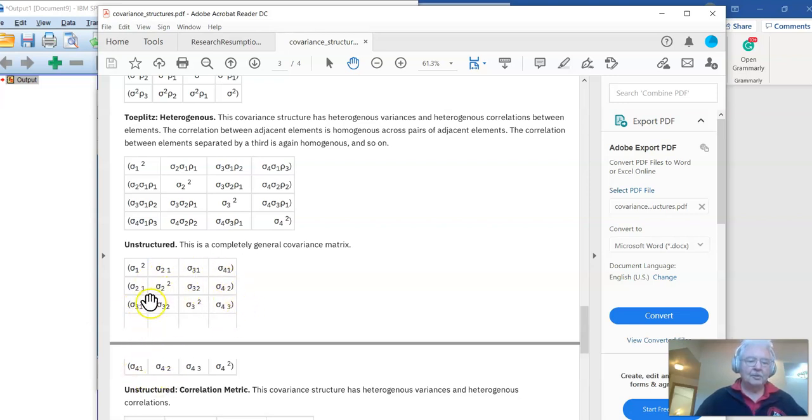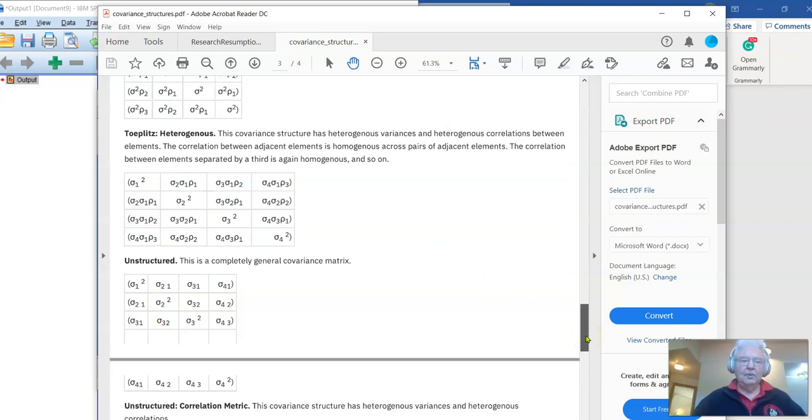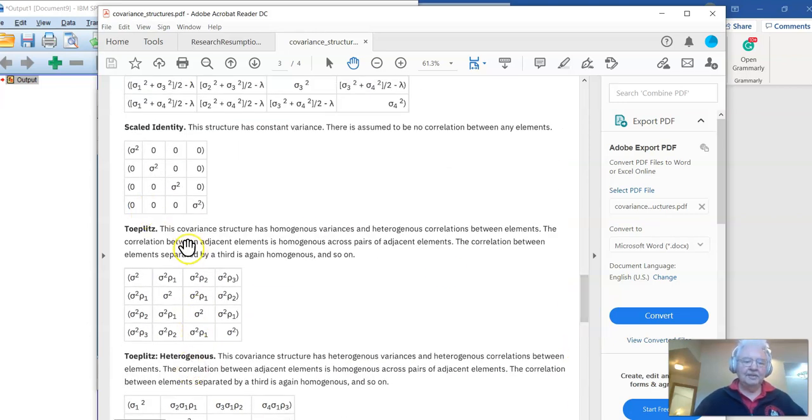So 2,1 is 2,1, 3,1 is 3,1, 3,2 is 3,2, and so forth. In other words, 1 compared to 2 is the same as 2 compared to 1. So it doesn't matter if you're correlating height with weight or weight with height, it's the same correlation. So that's the most unrestrictive. This is the most restrictive.